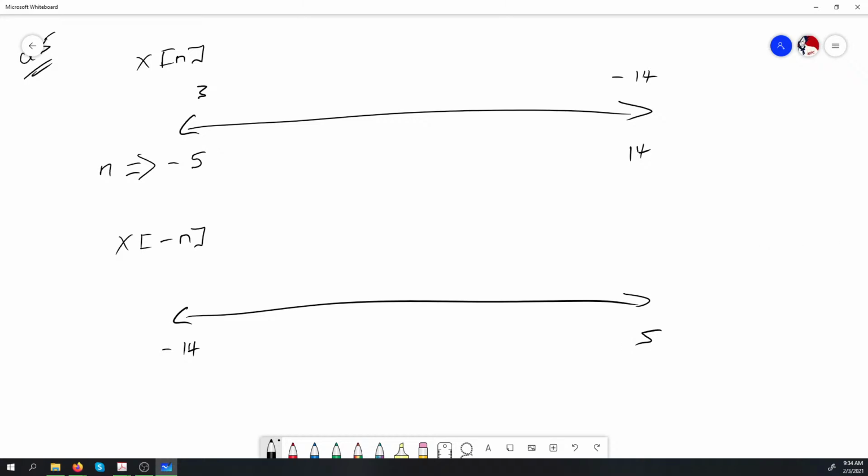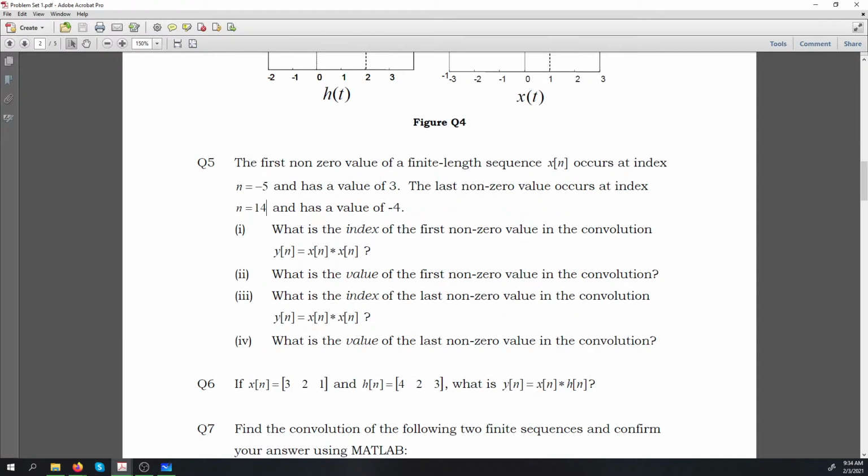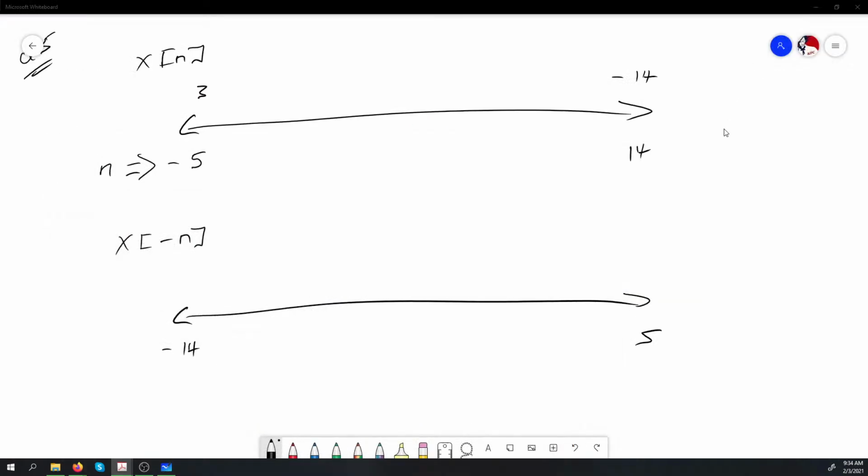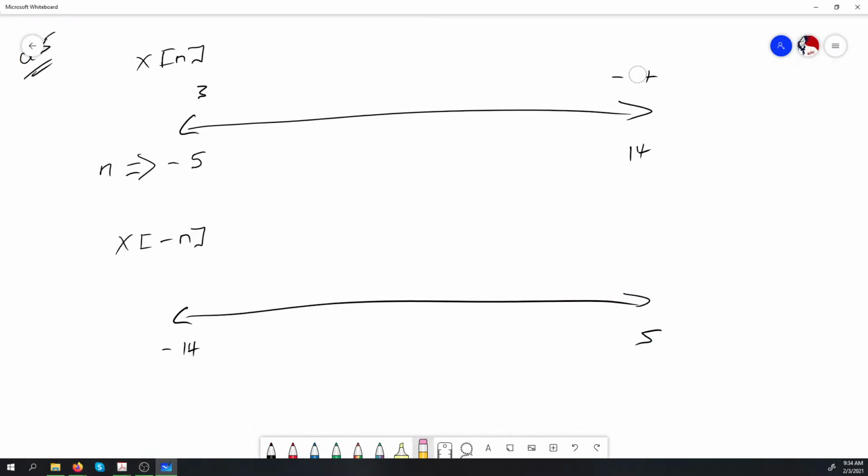I wrote something wrong here. -4, right, that's what I wrote wrong. This is supposed to be -4 at -14 for the value. So in flipping this for convolution, instead of having +14 here and -5, when reversing the entire signal, we're starting at -14 and +5. The magnitudes here do remain the same for the x of -n.